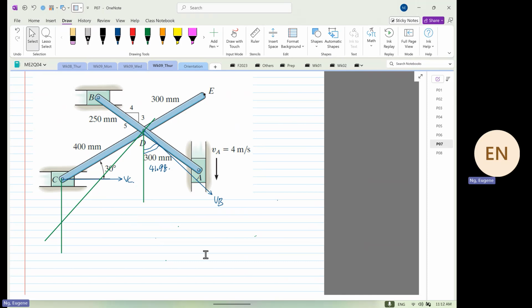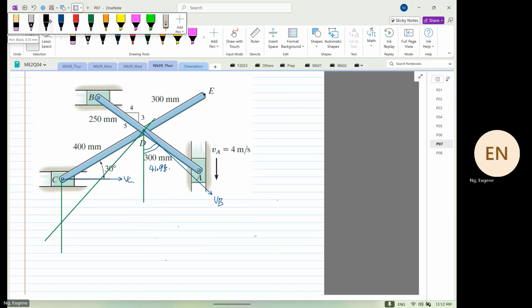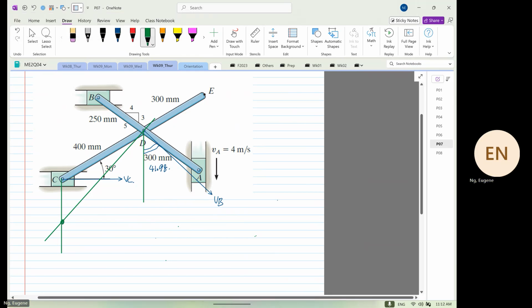So from here, we have found our instantaneous center.